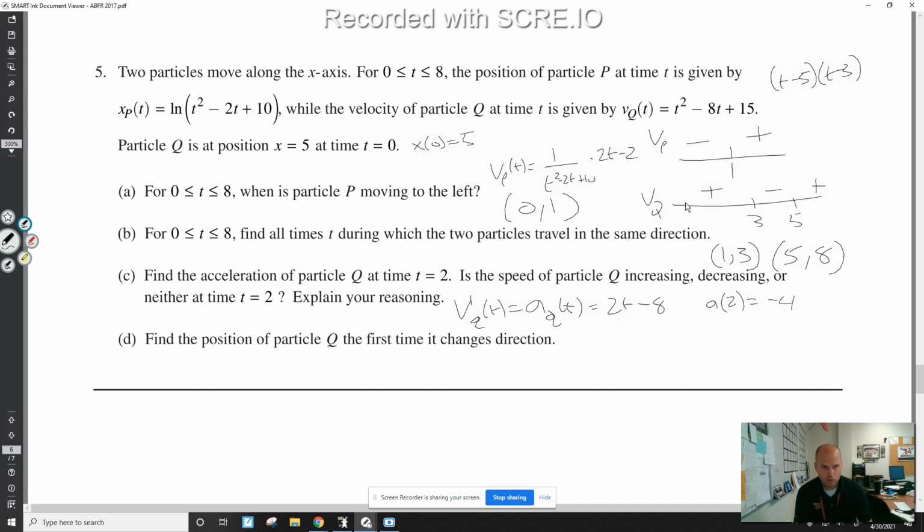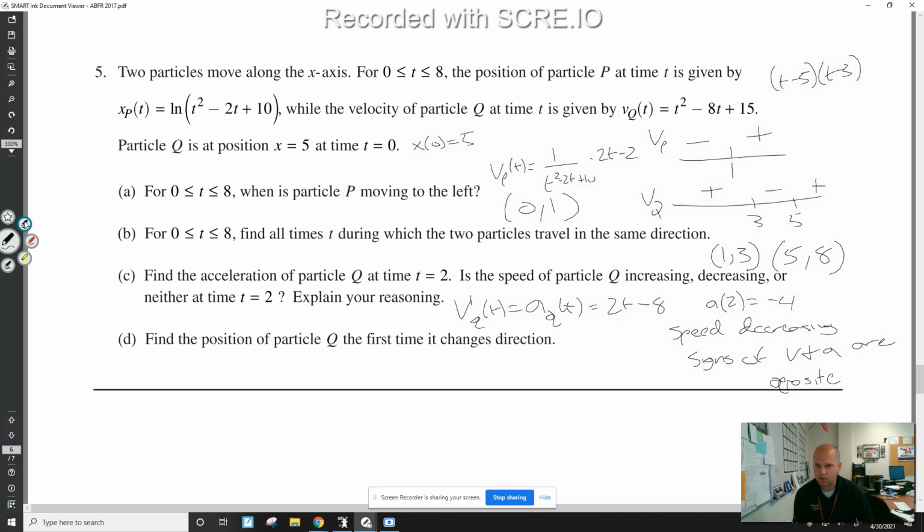I'm talking about Q. The velocity of Q at 2 is positive. Speed is decreasing. Explain your reasoning. Here's my explanation: speed is decreasing. Signs of v and a are opposite. Great. You get all credit. A lot of people try to write so much. Don't have to write that much. This is perfect. The signs of velocity and acceleration are opposite.